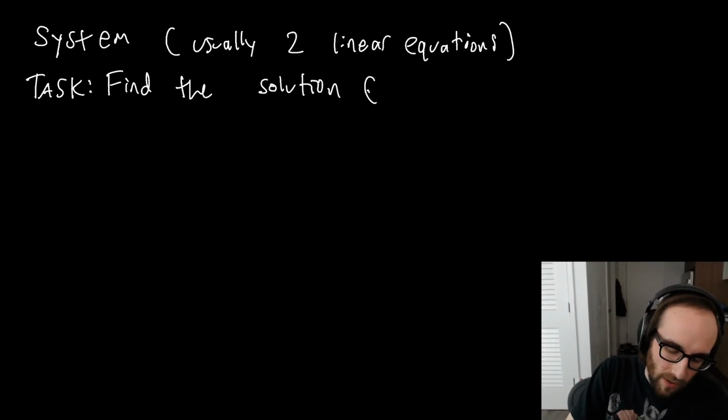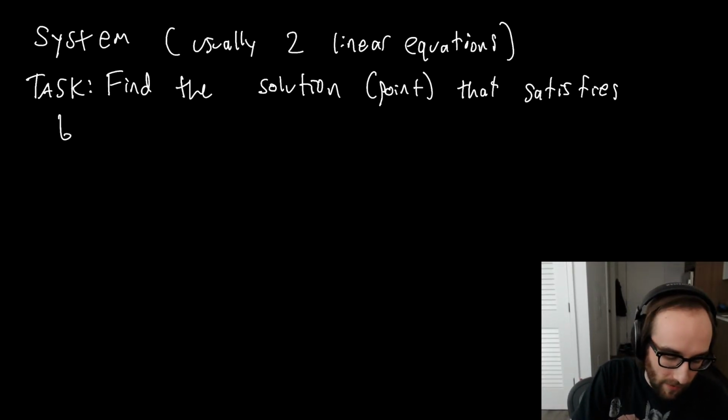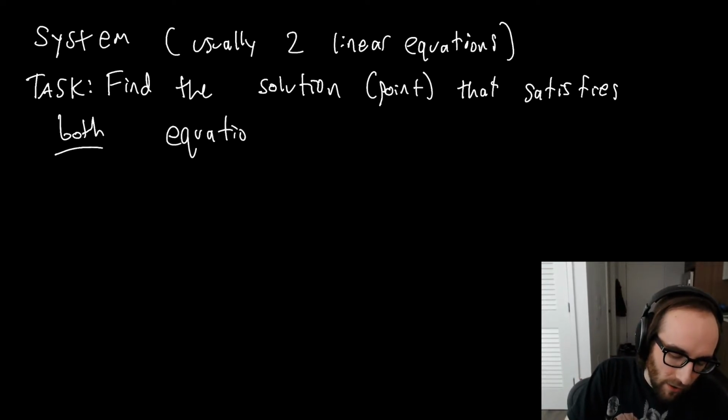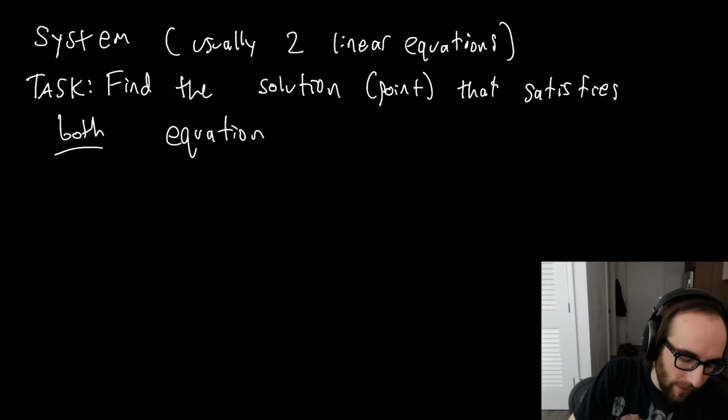In other words, the point that satisfies or is a solution of both equations. So we'll be given 2 equations, and our task is to find the solution or the point that satisfies both of them. Let's take a look at an example.